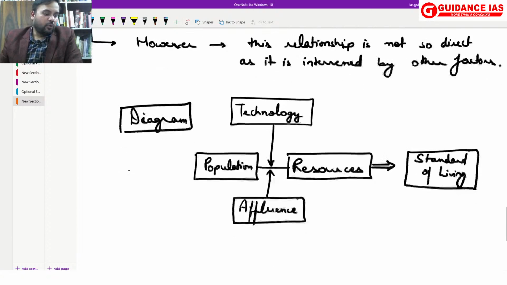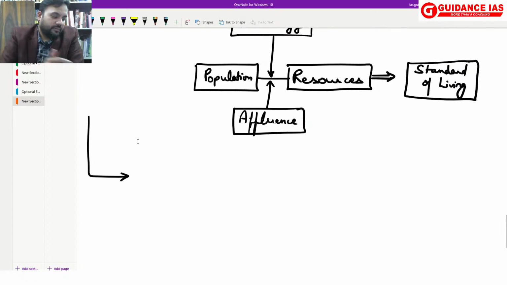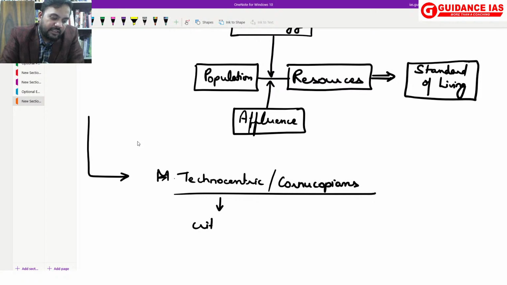Okay. So two variables we have put here, and I'll then write that technocentric, or they are also referred to as cornucopians, have criticized such conception of over.